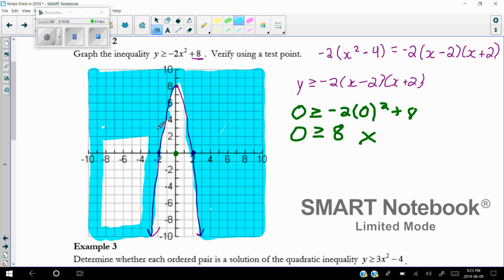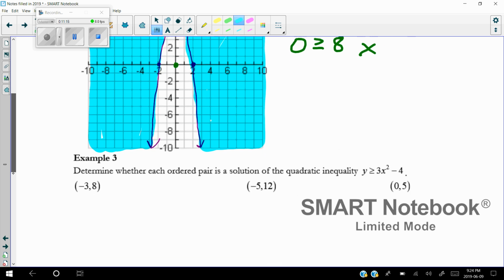I think this is looking pretty good. Got it all shaded in. Beautiful. So any point outside of the curve, outside of the parabola, is going to be a solution to this inequality.